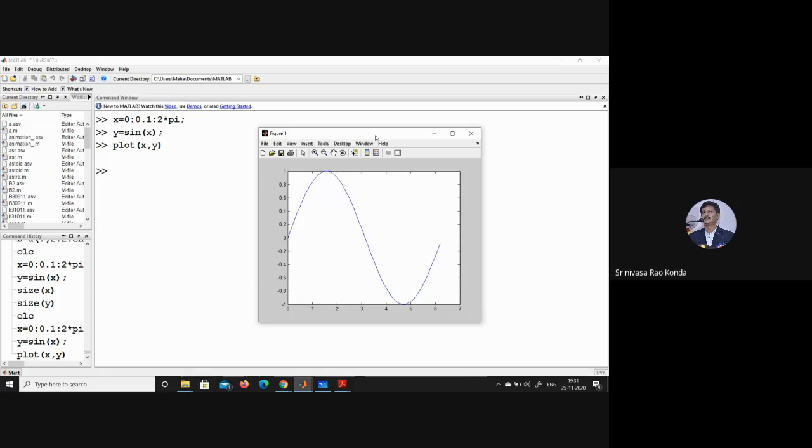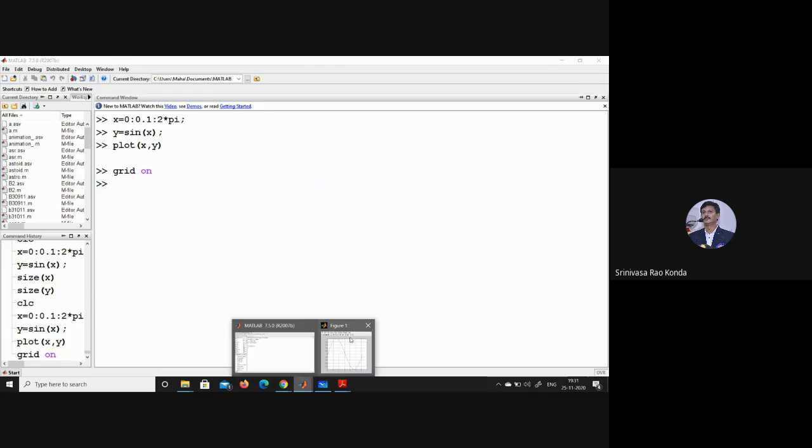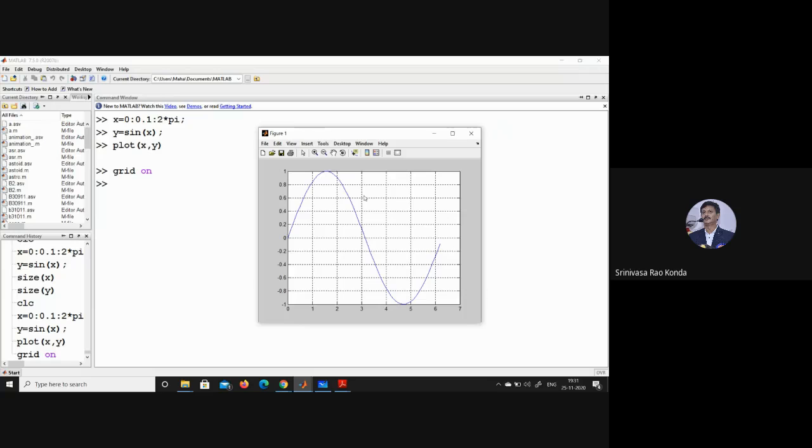So this window is called the figure window. If we turn the grid on, we'll get a grid. Now we are familiar with the new window that came.